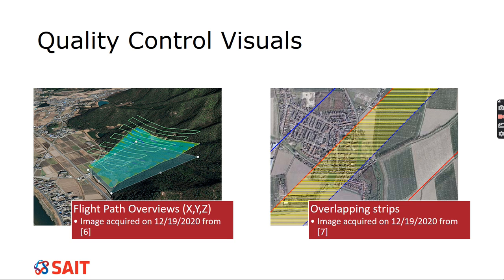A quality control visual also gives us a quick overview of what we are looking for in quality. So, flight path overviews. Pix4D shows something like this. You guys would get that there. And so you can see where the flight path has followed. You can see even in 3D where it's gone up and down to try to maintain the altitude of the airplane.